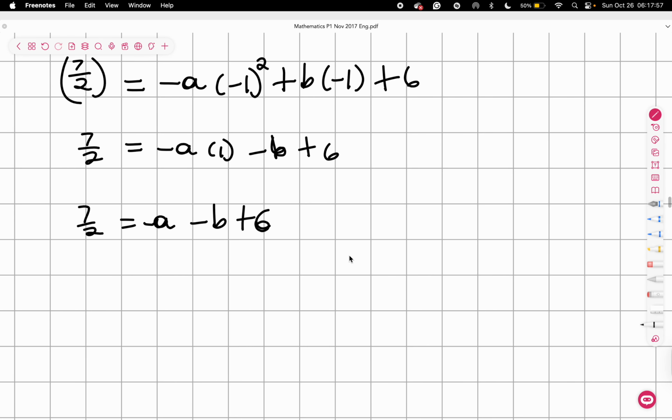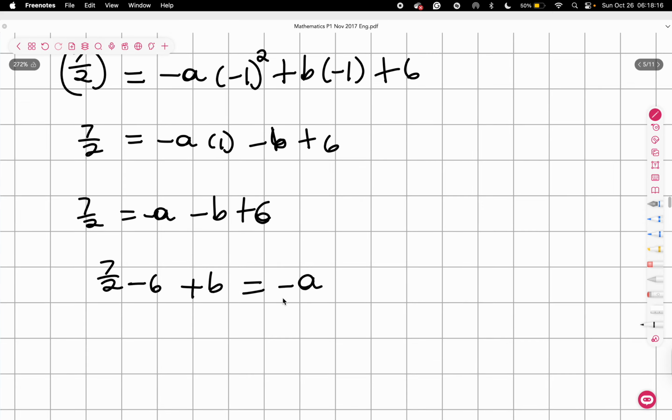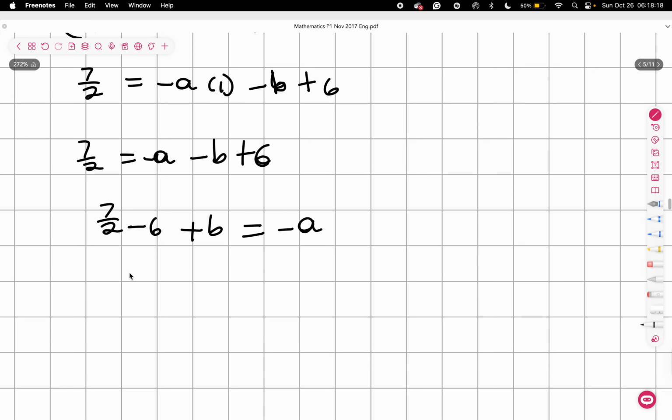Then you're going to take one variable to the other side so that you are left with one variable being the subject of the formula. So it's 7 over 2, minus 6, plus b is equal to negative a, and then you can say negative 7 over 2 plus 6 minus b is equal to a.